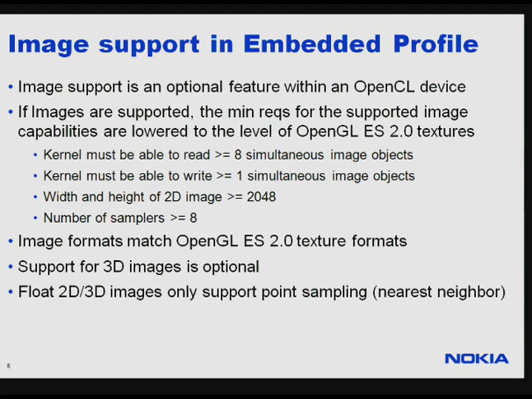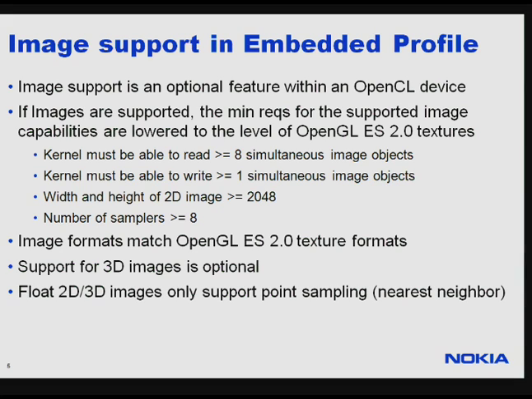About image support, which I said is an optional feature. Here are the requirements. It's basically the same as what ES 2.0 hardware can do. For writing out, you have to have at least one image if you want to support that, but for reading in, you can use 8 samplers or 8 images.